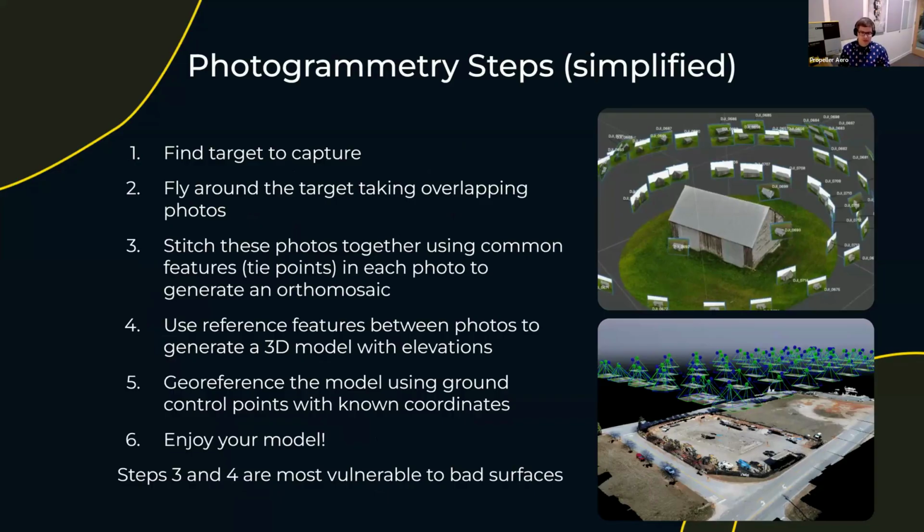Then if we want a 3D model with elevations, we use reference features between each of those photos to generate the 3D model. And finally, we georeference the model using ground control points so that you can place it on the Earth's surface in a real location. Finally, you enjoy your model. Now, steps 3 and 4 are where we're going to have a lot of the problems that we're going to talk about today. So just keep in mind that we need tie points and reference features.